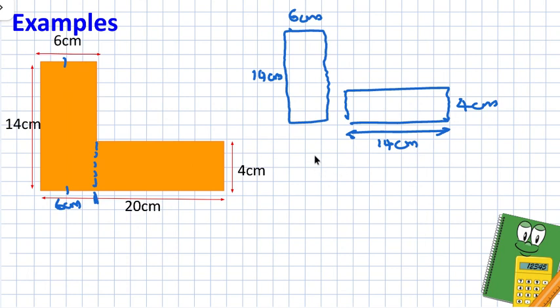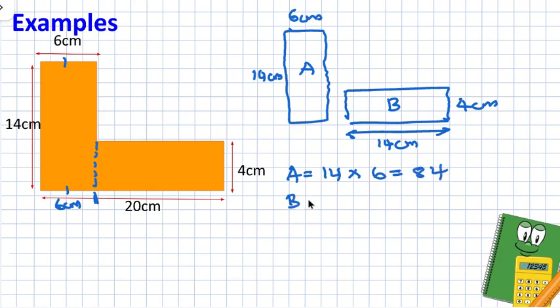All right, so what we basically do now is we call this shape A and shape B. For shape A, the area is equal to 14 times 6. So 14 times 6 would give us 84.